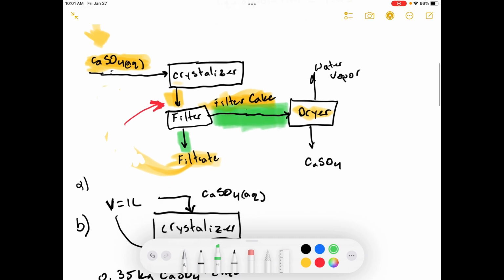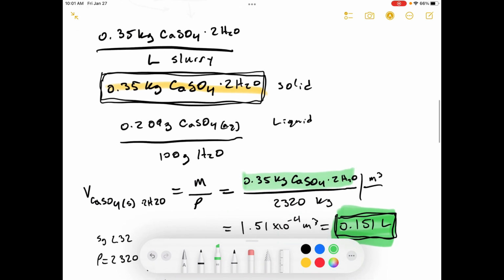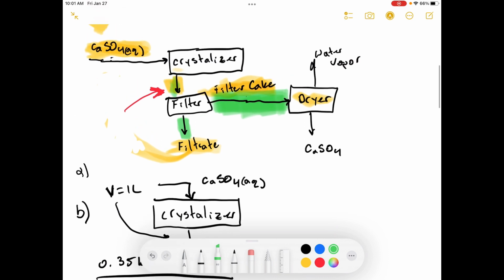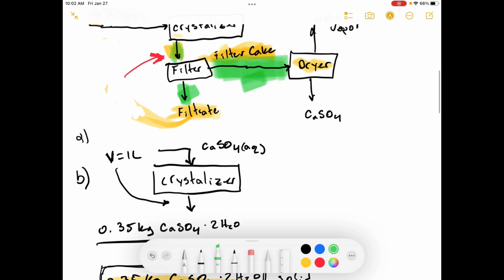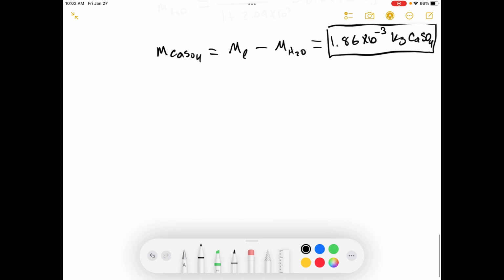Well, we have the total amount of mass of calcium sulfate that comes out of the crystallizer. We just calculated what both of those are, and then we also calculated what this stream was, the aqueous calcium sulfate, and we calculated what this stream was, the solid calcium sulfate. So now we can just calculate the masses, or the efficiency of this process.